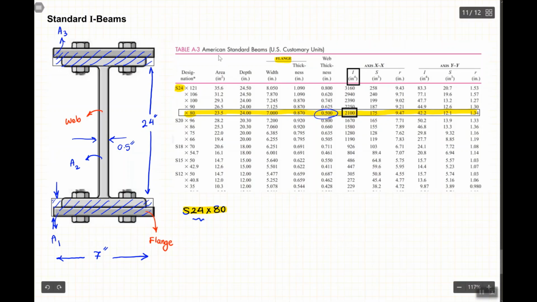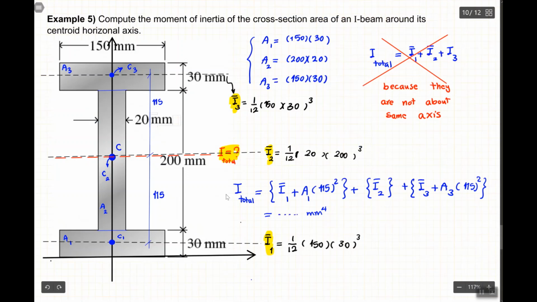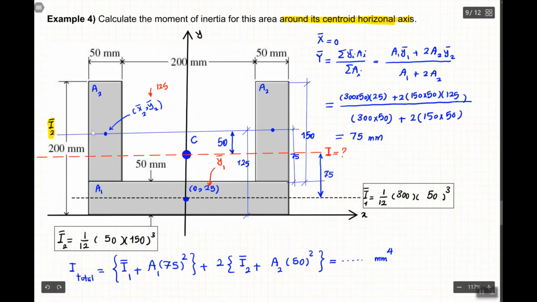For example, if you Google American Standard beams, you will see these sorts of tables, and then for each I-beam or other shapes, the moment of inertia is available. But in this course, mainly we are looking at finding the moment of inertia ourselves. And how we do it is a process which you just saw for an I-beam, or the previous example for a C-beam, because it's more like a C or U-beam or whatever you can call it.